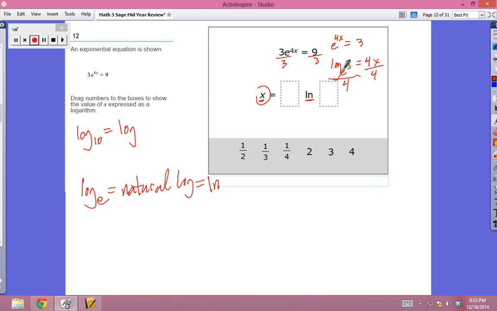So log base e of 3, that's the same thing as ln of 3, the natural log of 3. If you're going to divide by 4, that's the same thing as multiplying by 1/4, so I'm going to put 1/4 here.